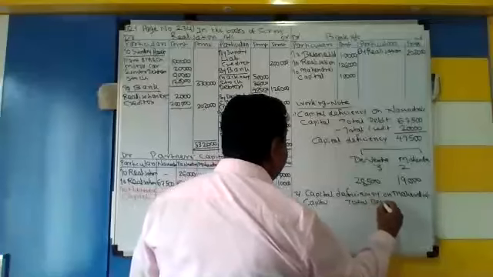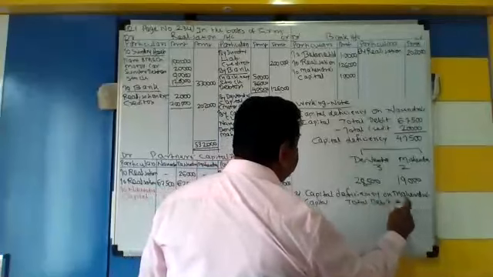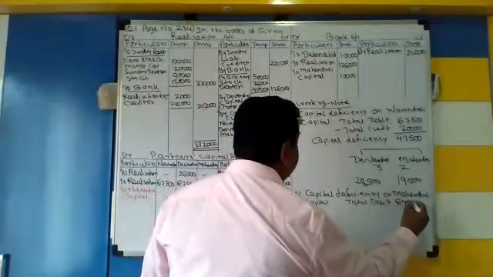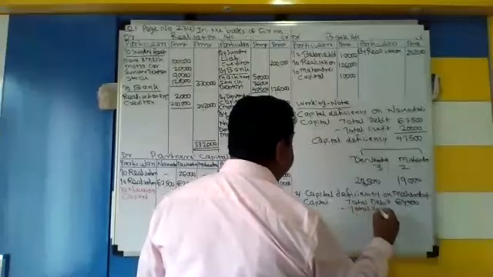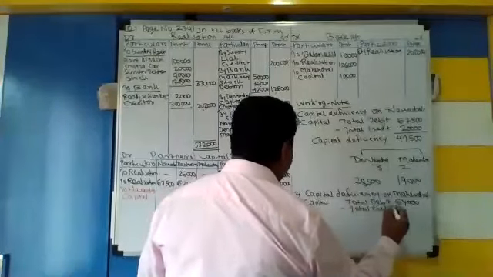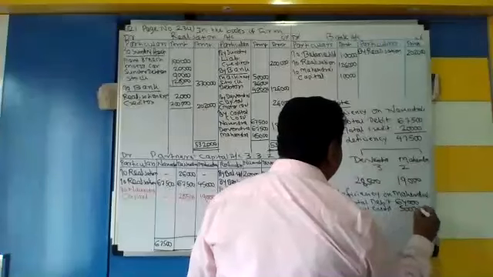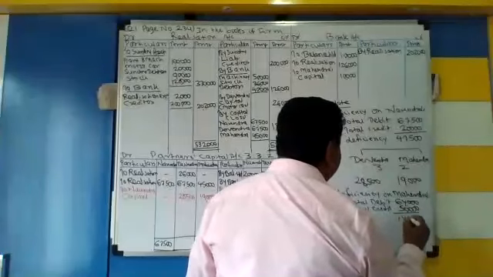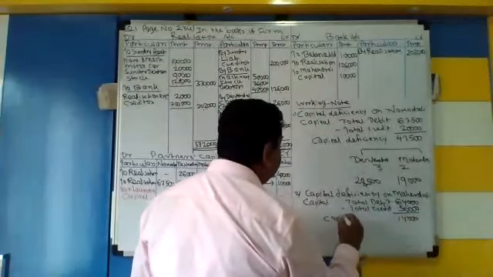Total debit is 64,000 minus total credit is 50,000. So 14,000 is a deficiency on Mahendra's capital.